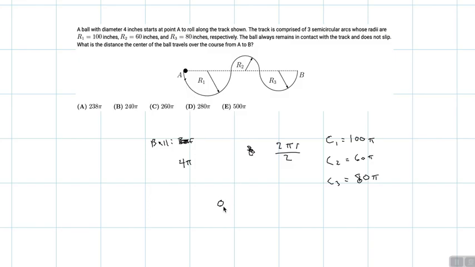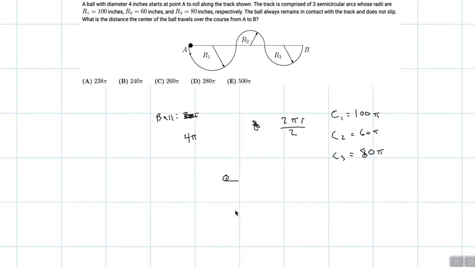If it's just straight, center of the ball, if this whole length is 4 pi, how far is the center of the ball traveling? So it's going to do one rotation around.